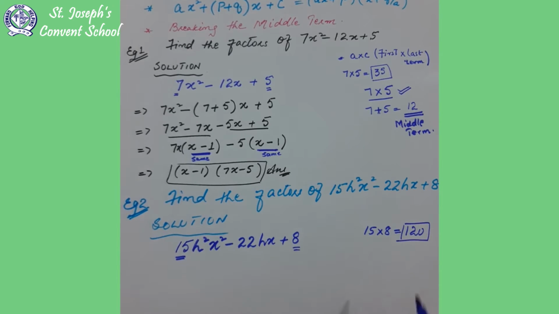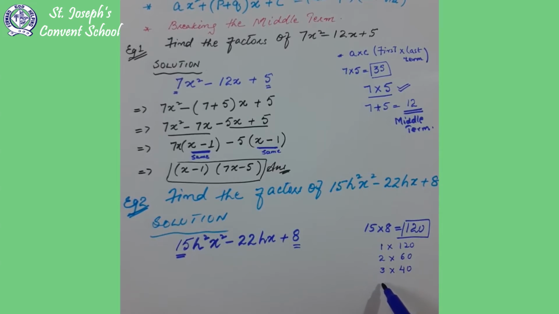So let me write in which table it goes. Let's start with the smallest one. 1 into 120, you all know 1 into 120. Then it goes in the table of 2. 2 into 60. Then 3 into 40. Then it goes in table of 5.